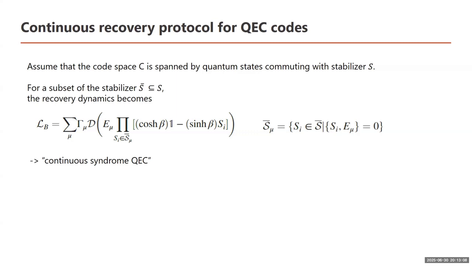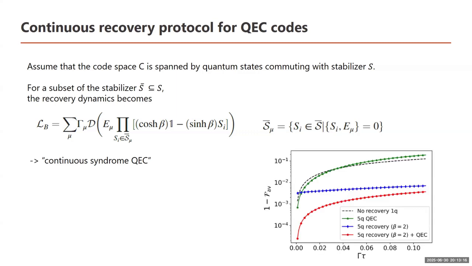This kind of continuous syndrome QEC is already studied in other papers, so we can simulate it and find some differences between the standard QEC and the QEC that uses this recovery map.